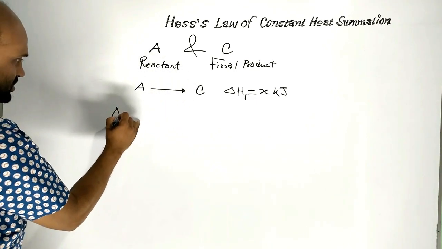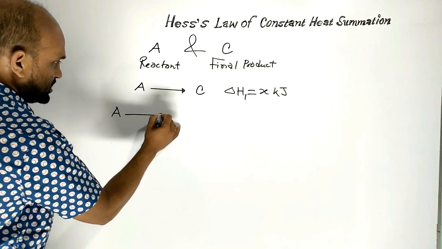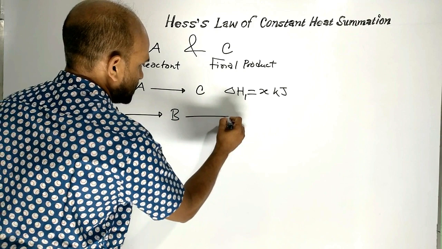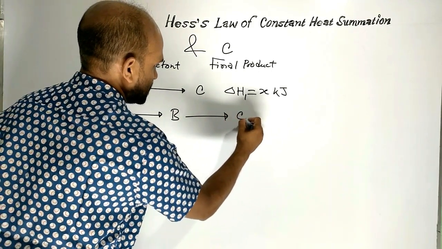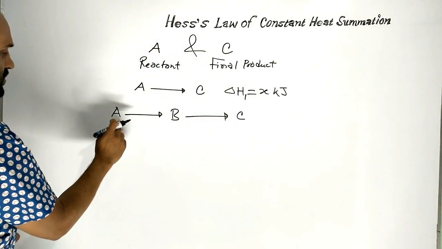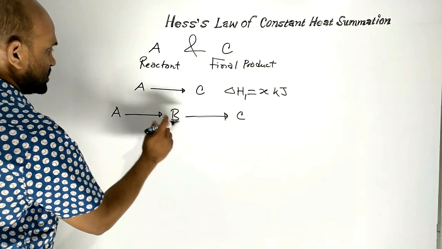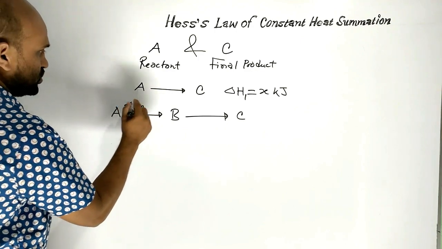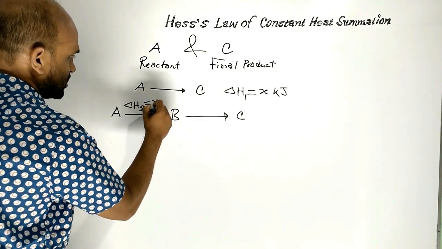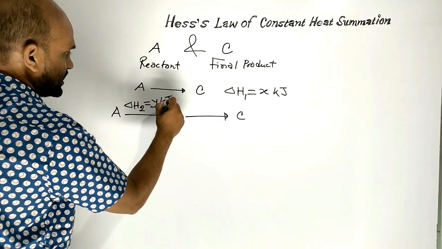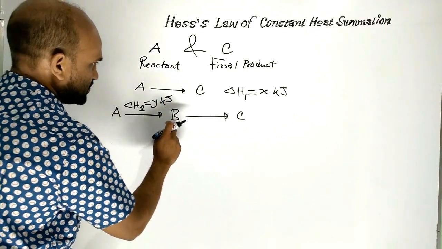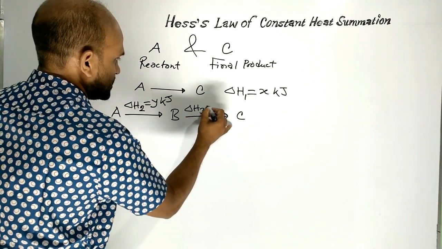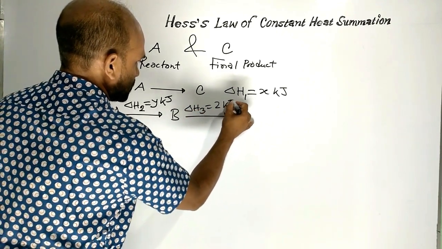Again, first of all, A is converted to B, and then B is converted to C. Here, from A to B, suppose heat change is delta H2, which is Y kilojoule. Again, from B to C, heat change is delta H3, Z kilojoule.